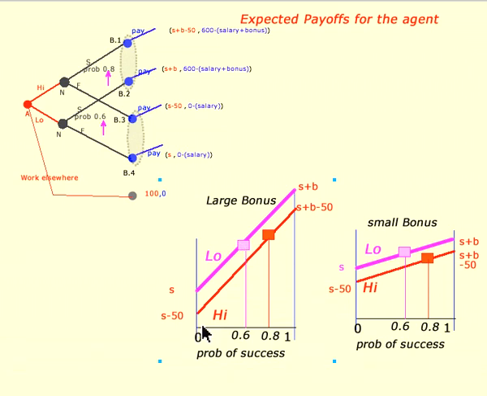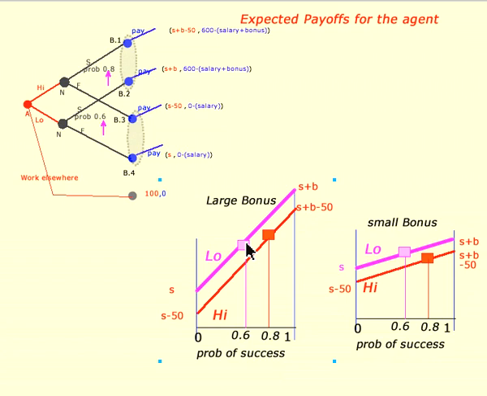We do the corresponding calculations for the new high effort expected payoff lines. Okay, again, salary minus cost of effort in case of failure, salary plus big bonus minus cost of effort in case of success, and the probability weighted average at 0.8 gives an expected payoff along here, which is now higher than the expected payoff with a low effort.